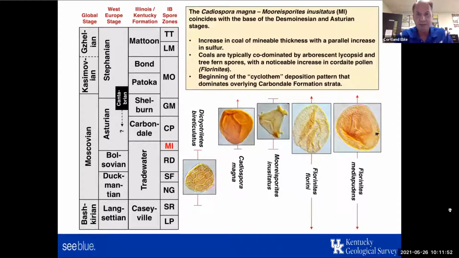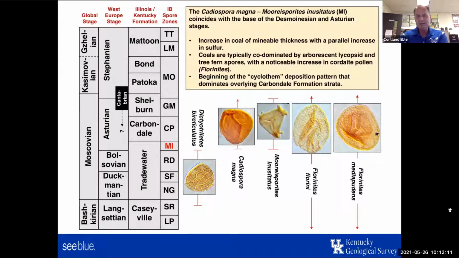Moving up into what Russ calls his Cathiospora magna, Morosporites inusitatus, MI assemblage zone. Here we see the introduction of both spores that name this. We see the extinction of Dictyotriletes bireticulatus.